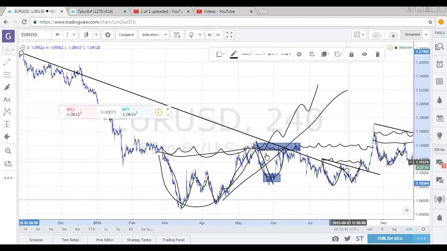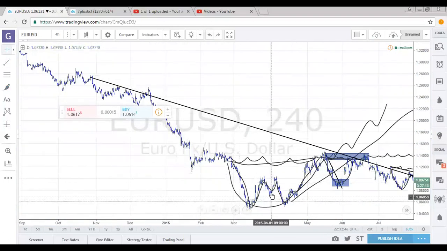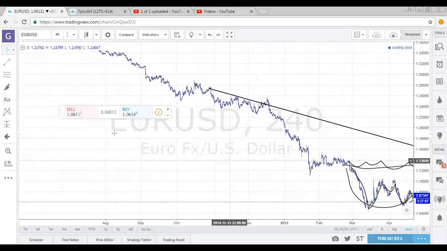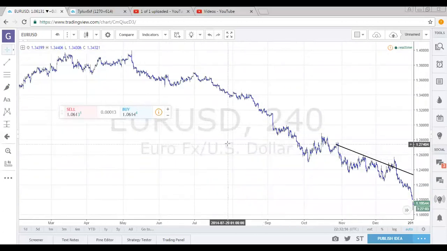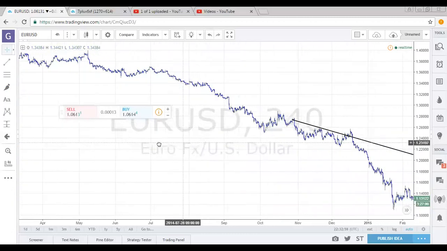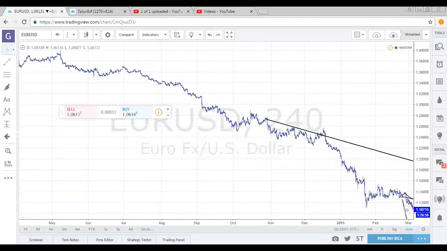So you have to have confluence. But that was a beautiful example. Double top, M, double bottom, W, valley, everything. Head and shoulders, inverted head and shoulders. These patterns all correlate with each other and they respect each other.